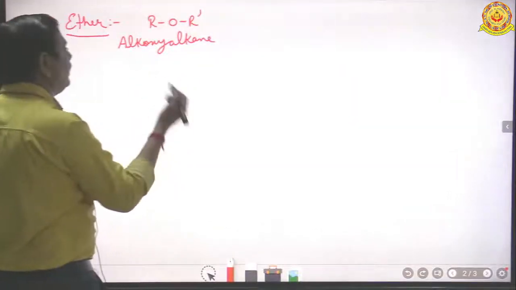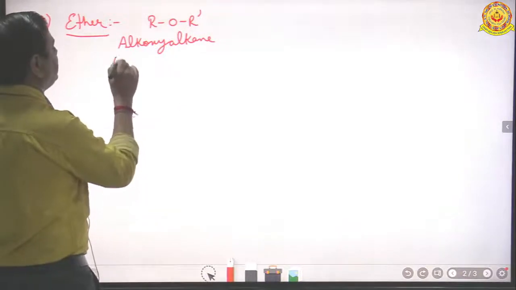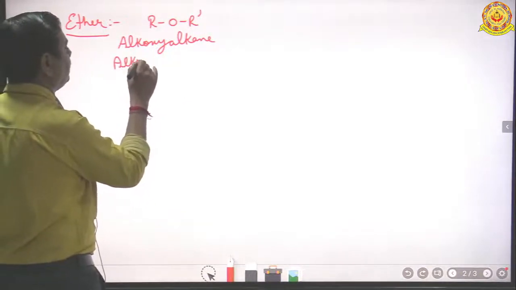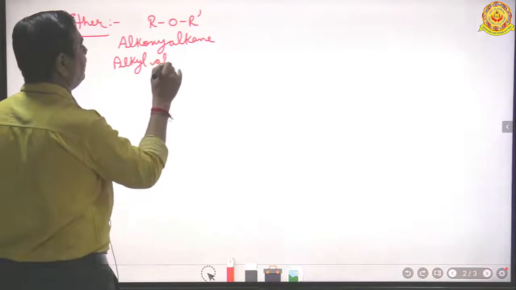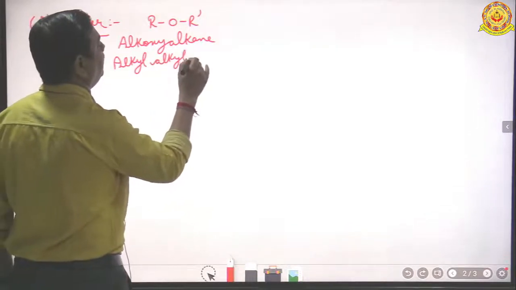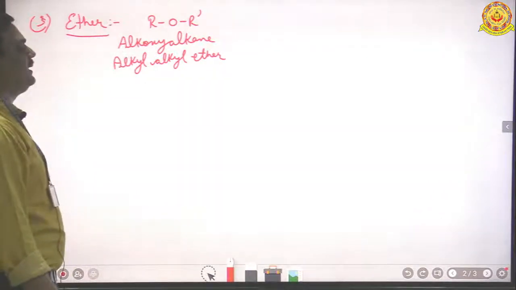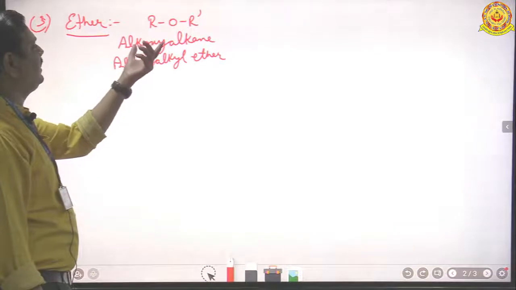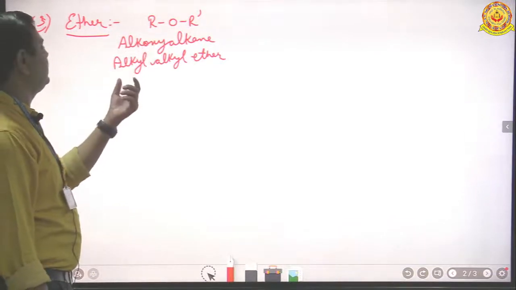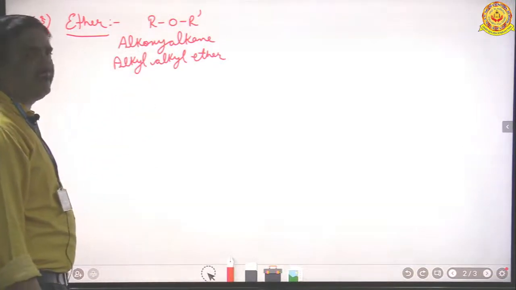And in the common system they are named as alkyl ether according to alphabetical order. In the IUPAC system according to smaller and larger groups, in the common system in alphabetical order.